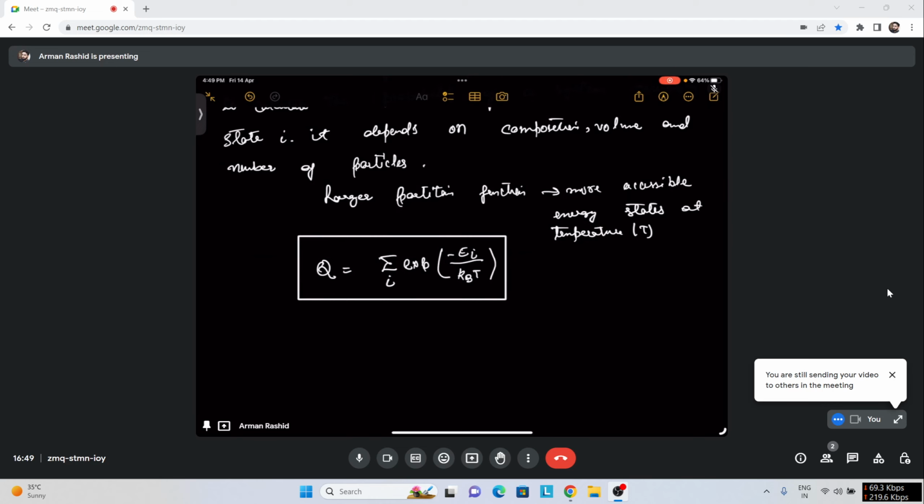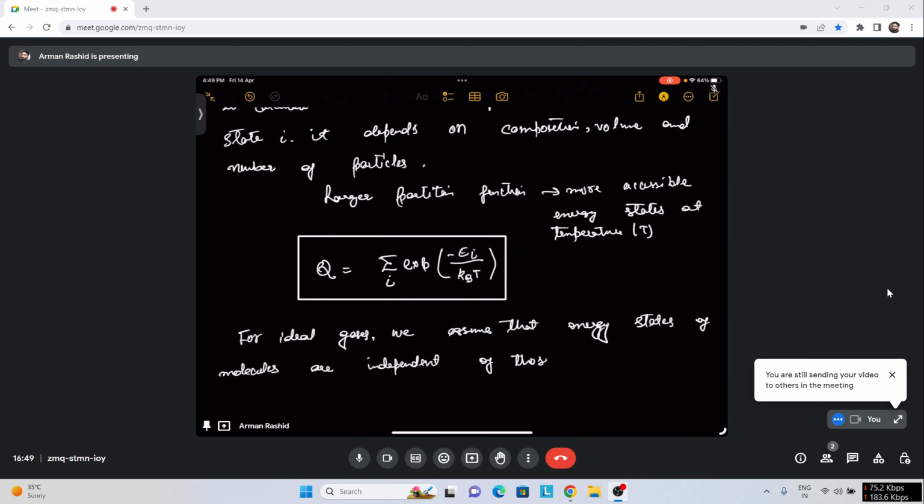For example, if we consider ideal gases, we assume that the energy states of molecules are independent of those in other molecules.